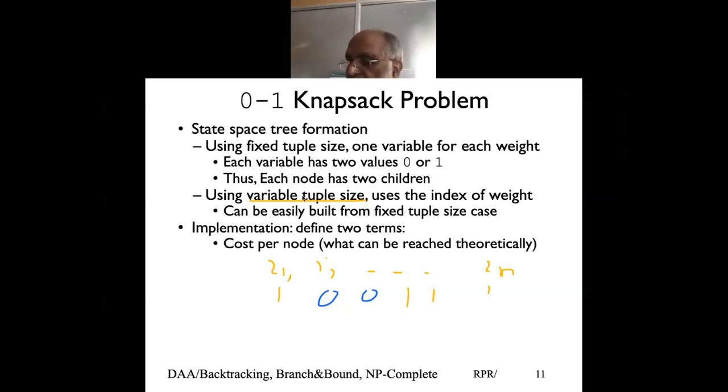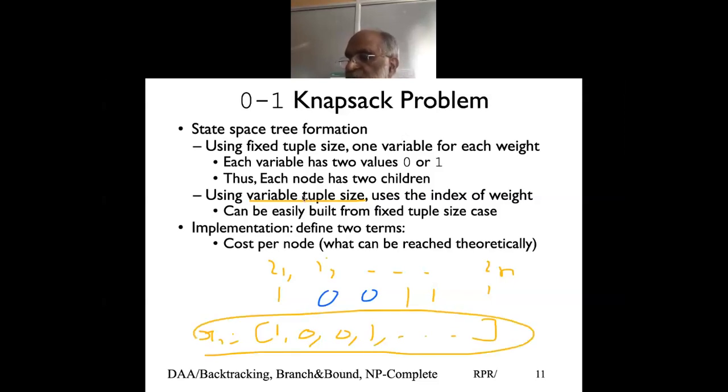So my Xi's are X1 is 1, X2 is 0, X3 is 0, X4 is 1, and so on and so forth. And these are the values of my Xi's.